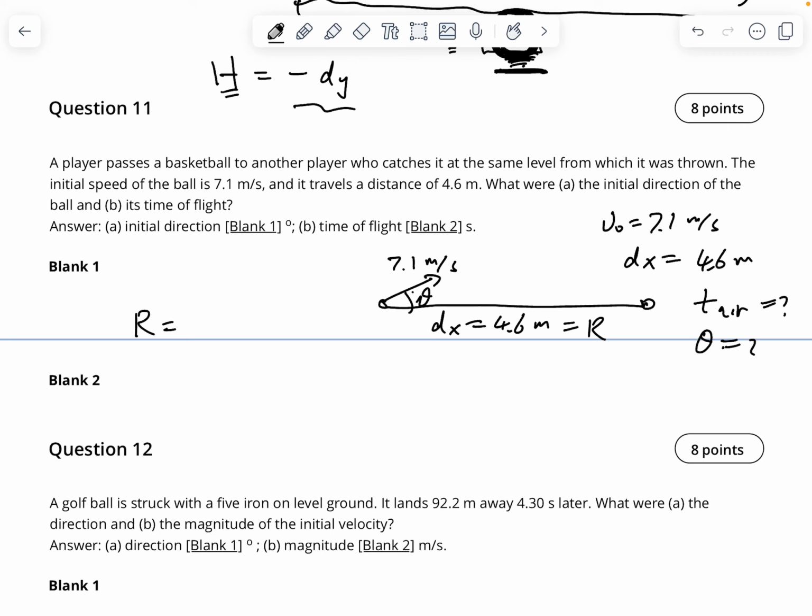The range equals v naught cosine theta times T in air, right? We know the range, and we're looking for T in air. We also know v naught.